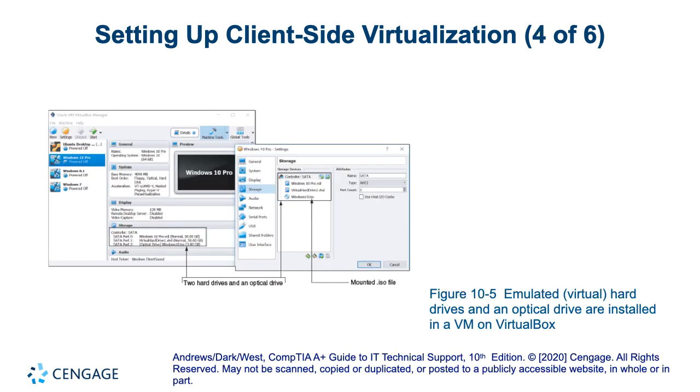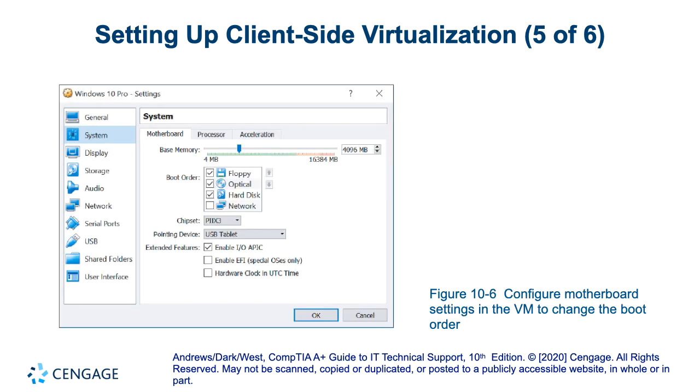This slide is showing that you can set up and configure virtual hard drives within a Type 2 hypervisor, which you'll do in VMware. It just looks different from these screens. This is showing that you can select and configure motherboard settings and configurations within a Type 2 hypervisor, and we'll be able to do this in VMware as well.